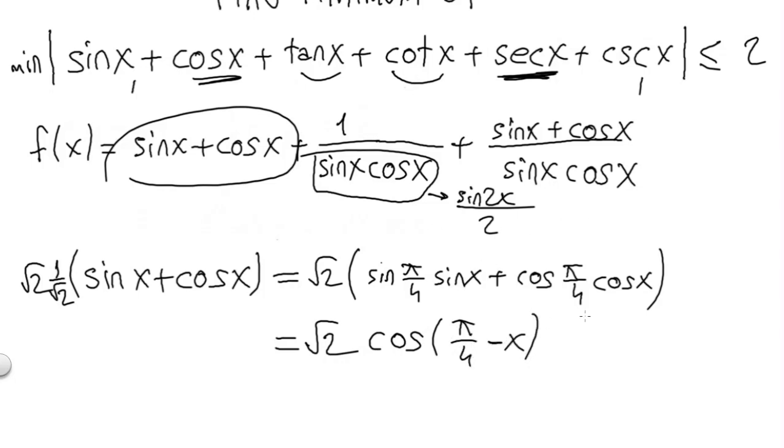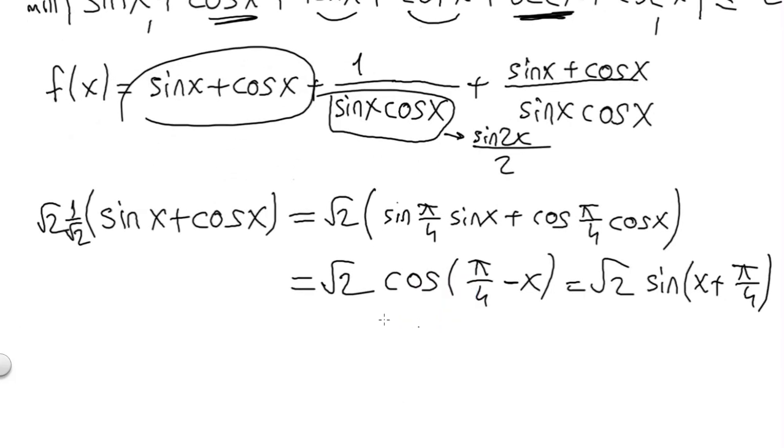And if you actually wanted to swap them, you would get square root of 2 times sine times cosine, cosine times sine. This is just the sine addition formula. So it would just be sine x plus pi over 4. You can just try to see which one works better for you. So let's go with this one, okay?